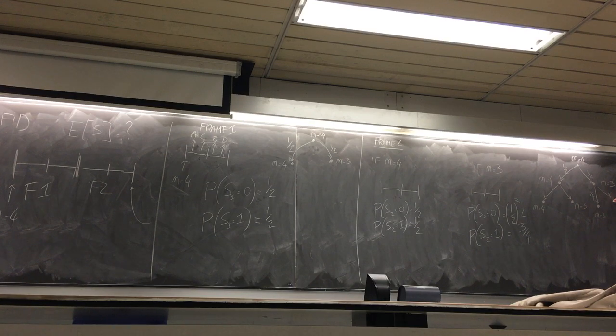The other one weights 3/4 and ends up in n equal to 2, so I still need to solve 2 tags. Clear? It's 1 minus P(S2 = 0).